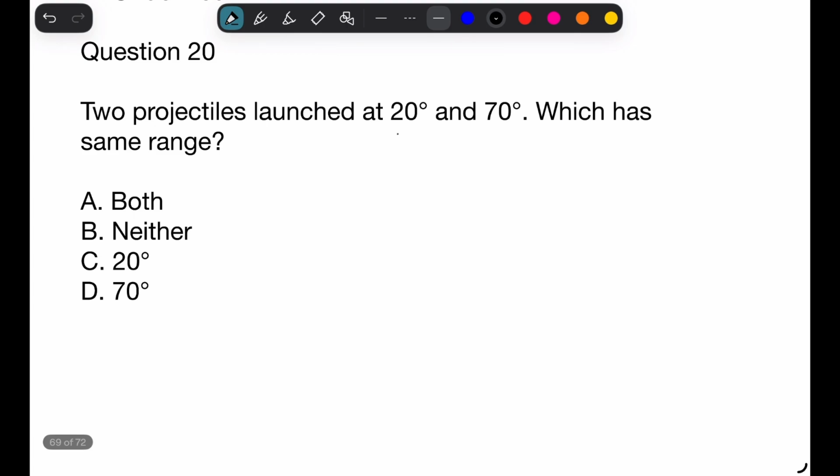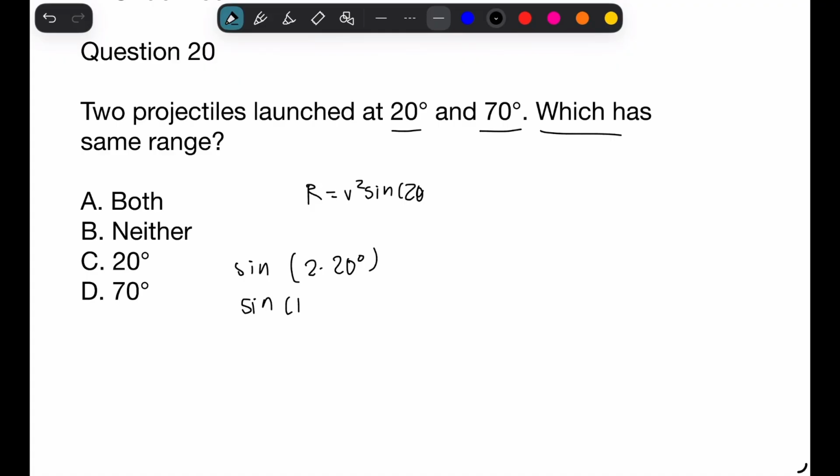Two projectiles launched at 20 degrees and 70 degrees, which has the same range. Well, r is equal to this formula, sine 2 theta. 20 degrees gives us sine 40 degrees.